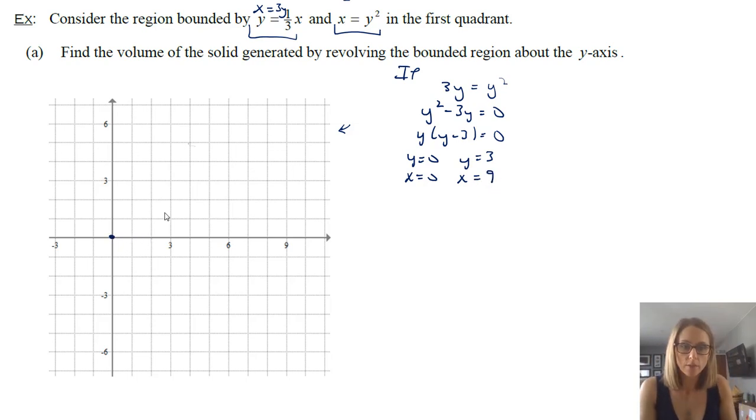The 1/3 x will be, if you put in 3 for x, you'll get 1. If you put in 6, you'll get 2. If you put in 9, you get 3. So we have this line here.